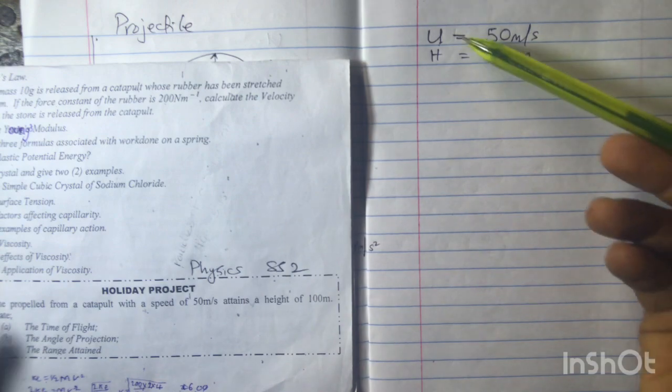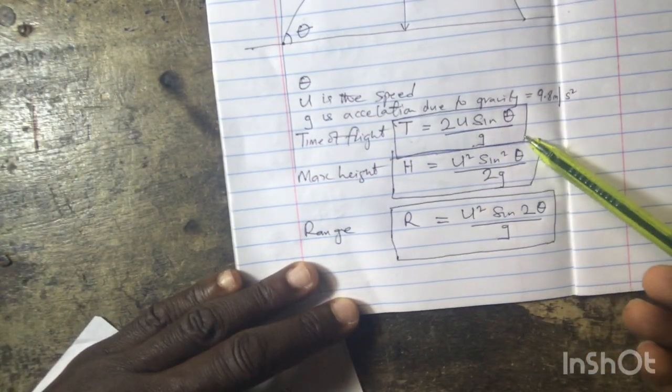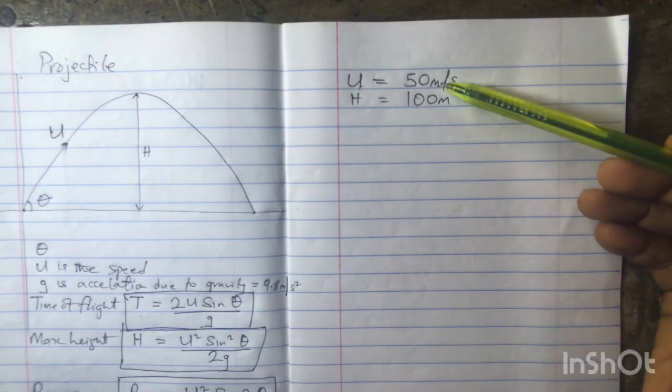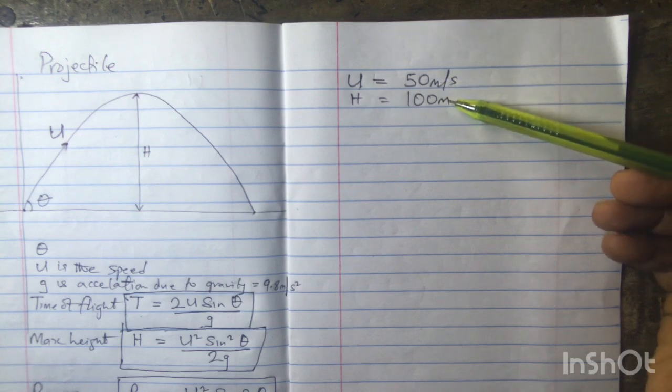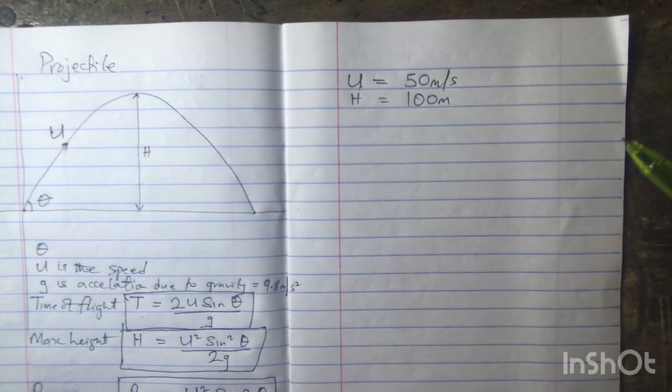You cannot be using these parameters in a formula when their units are different. So you must make the unit standard. If it is meter here, you have to use meter here. So this one is meter, this one is meter, no problem.